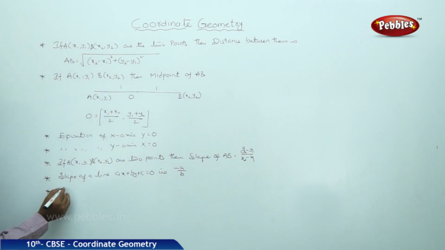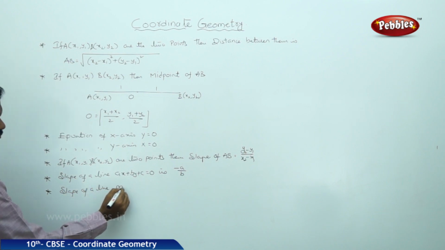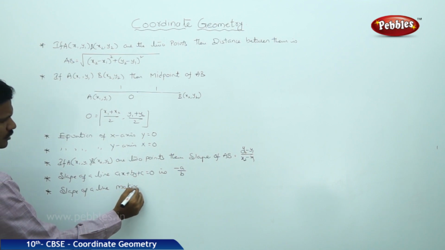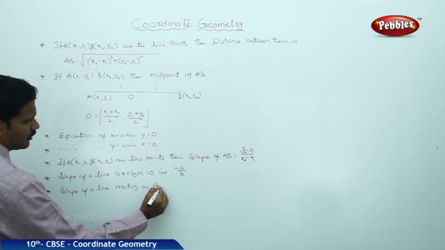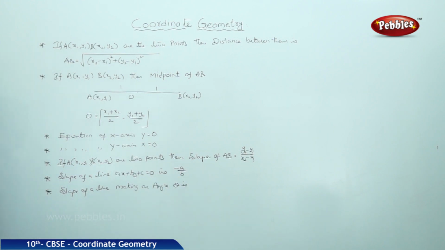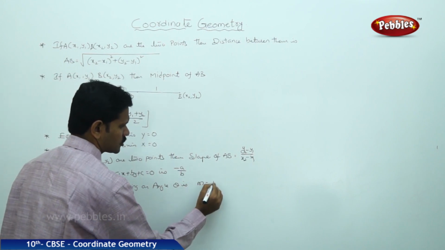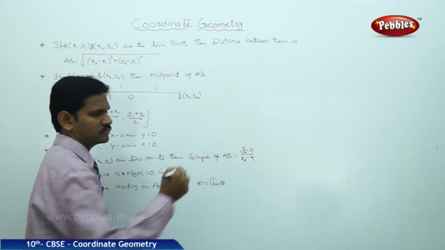Next concept, the slope of a line making an angle theta is m = tan theta.